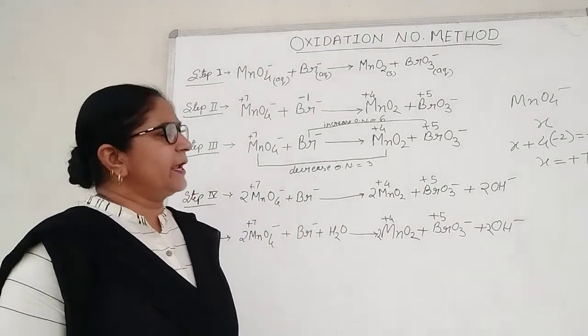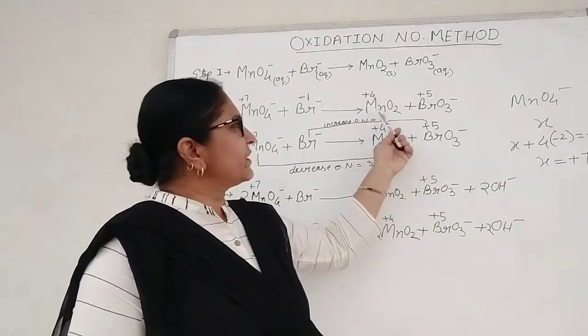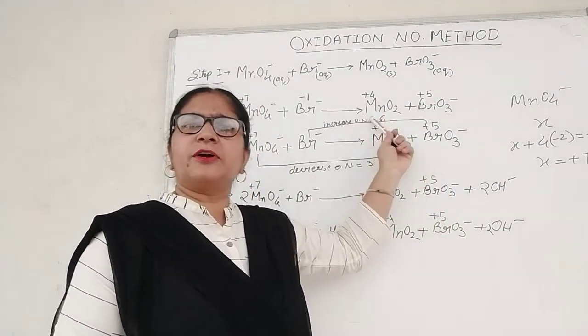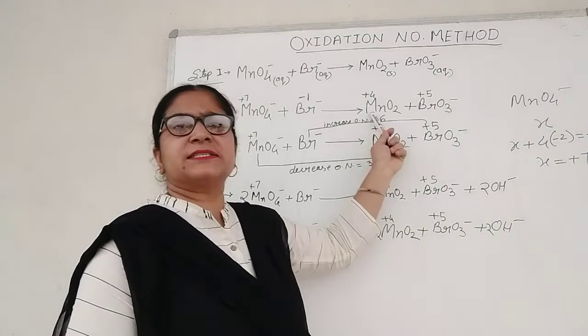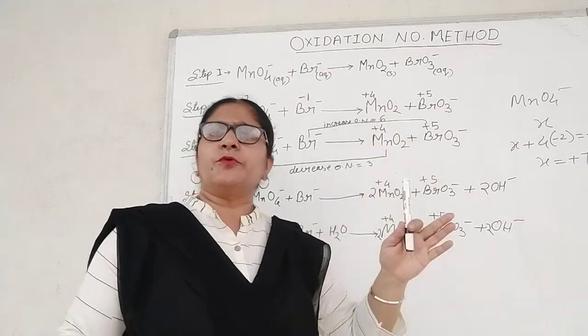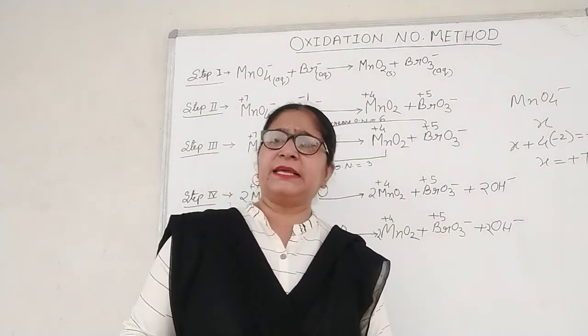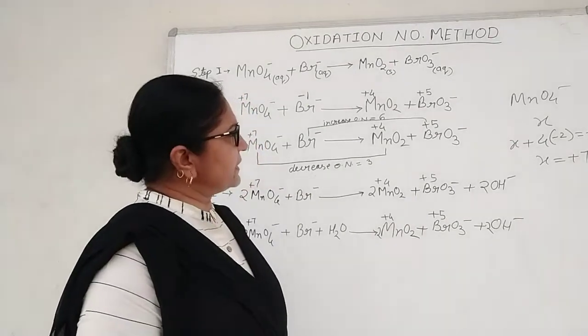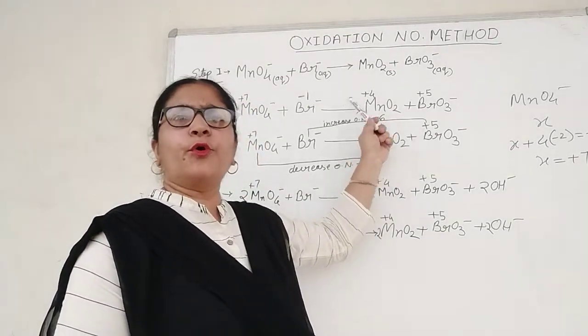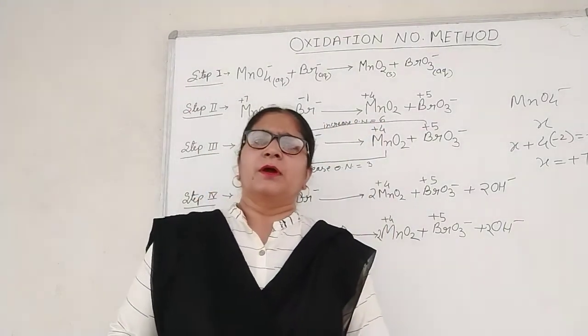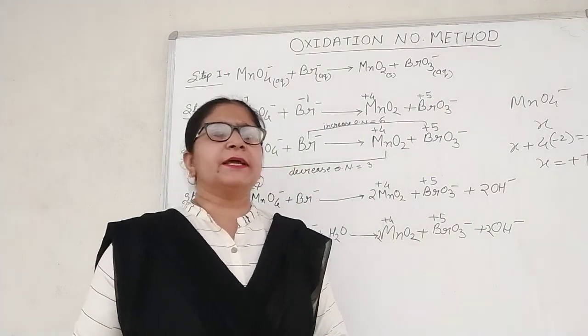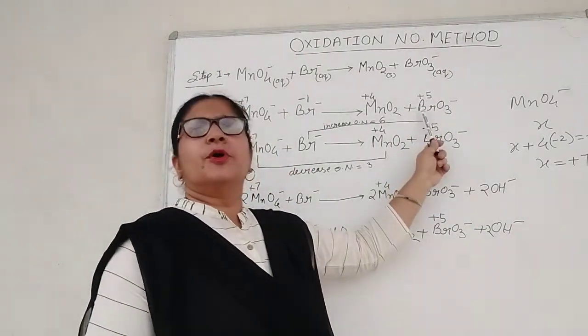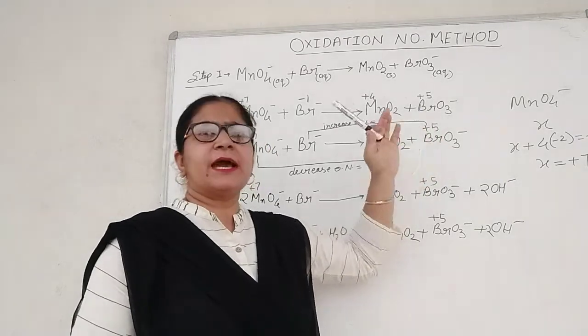First, we calculate the oxidation number of manganese in manganese dioxide. We put the oxidation number of manganese as X, which is +4. Next, we will calculate the oxidation number of bromine in bromate ion.